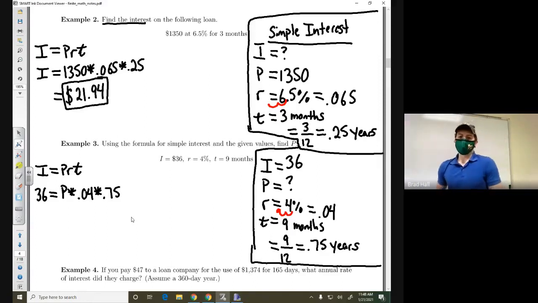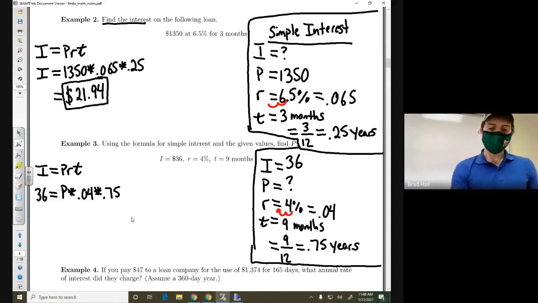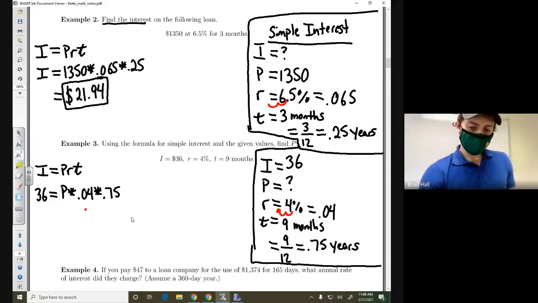Now, the problem here lies in the fact that the variable we are looking for is not isolated. It's next to all these numbers. So we need to make it not next to all those numbers. The first thing I see is 0.04 times 0.75.